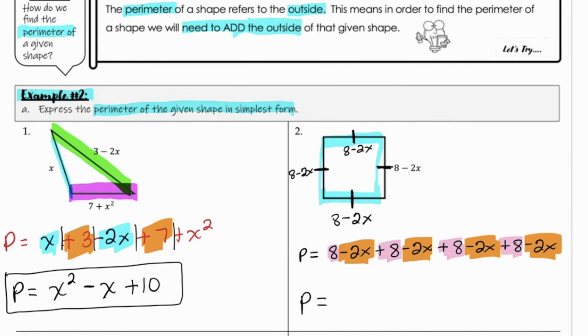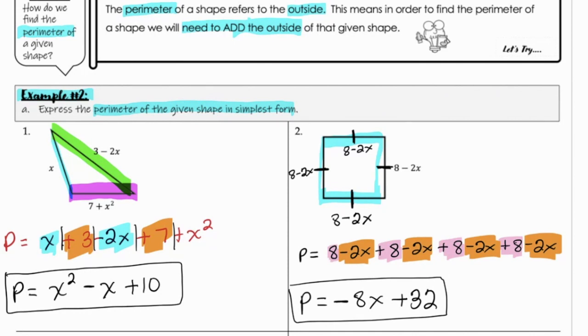Negative 2 minus 2 minus 2 minus 2, negative 8x. What about if I combine all of my constants, my 8 plus 8 plus 8 plus 8, which is 32? So if you want to break it up like we did before and rewrite it so everything is nice and neat, you can do that. But I want us to try to do combining like terms without showing so much work in between.